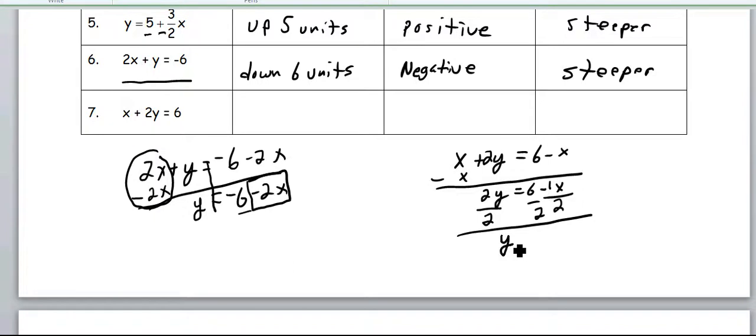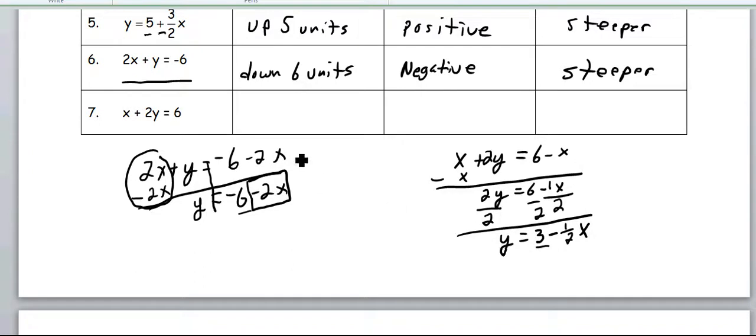And I end up with y equals. Now 6 divided by 2 is 3. And then a -1 divided by 2 is going to be a -1/2. And believe me, you're going to appreciate leaving that in fractions, x. So now I have y equals 3 minus 1/2 x.